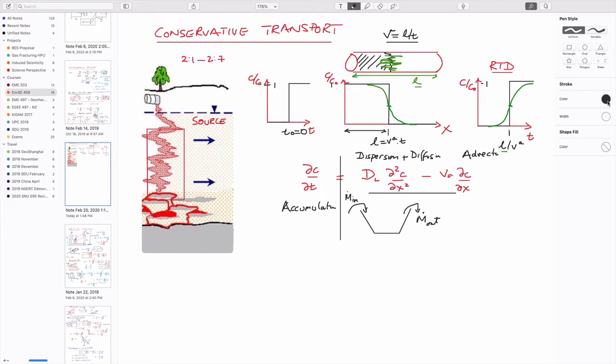And so we also know that this dispersion-diffusion term, if I draw it down here, is equal to two components. It's equal to diffusion, which is molecular diffusion, the idea of dropping a drop of ink in a beaker full of milk. Slowly it spreads out by molecular diffusion.